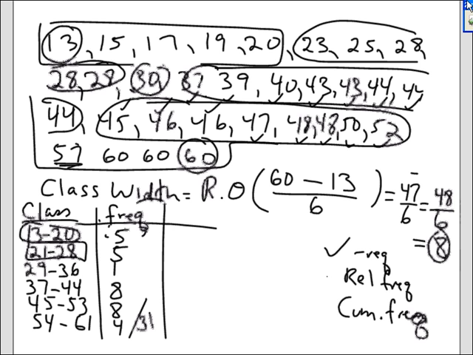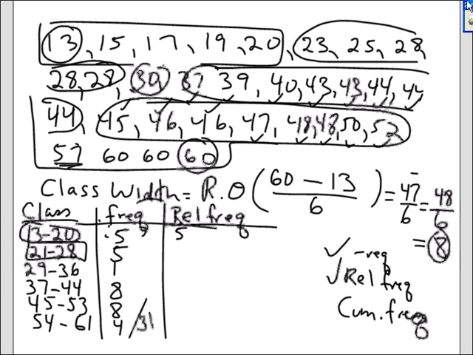If you want also, for the table, to have a relative frequency, you need a heading that says relative frequency. Okay. What's the relative frequency that somebody gets, maybe these are scores on an exam, between a 13 and a 20?